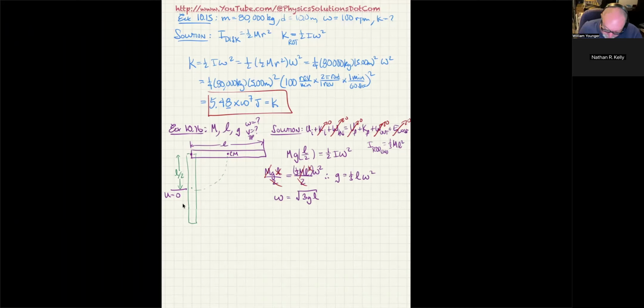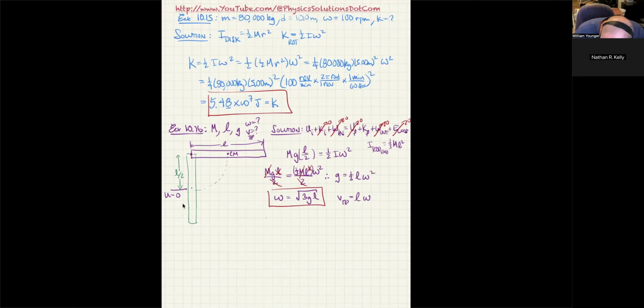And if you wanted to calculate the velocity of the tip, v tip is equal to the whole length, which would be L, because we're using v equals r times omega, but the r in this case is L. So v tip would be L times omega. We have the omega is the square root of 3gL.